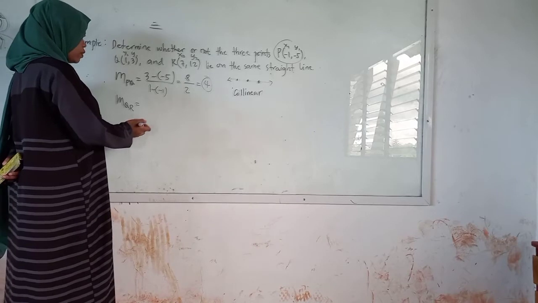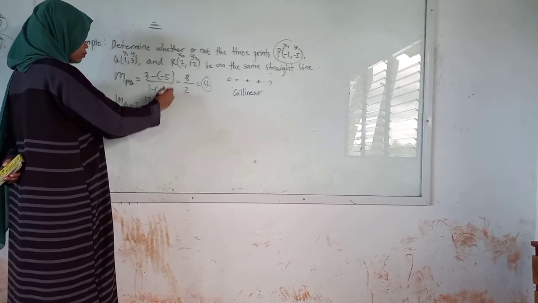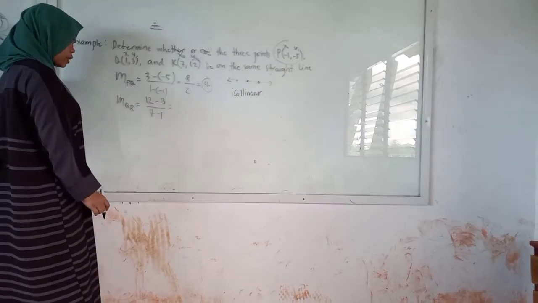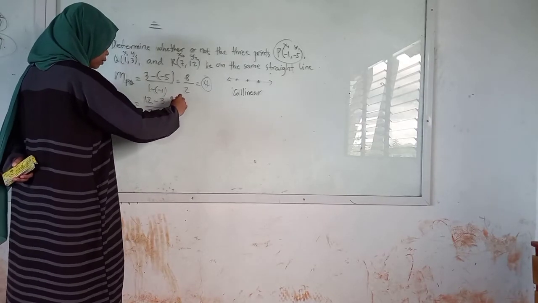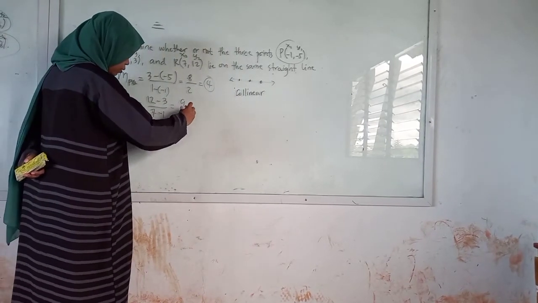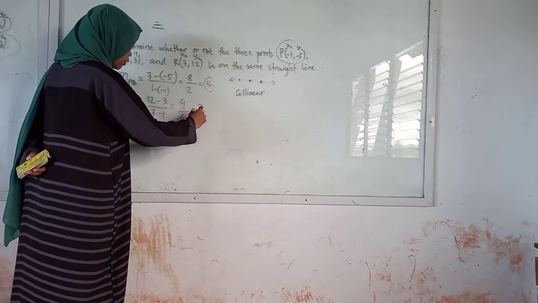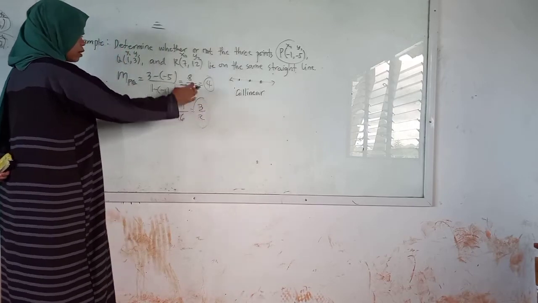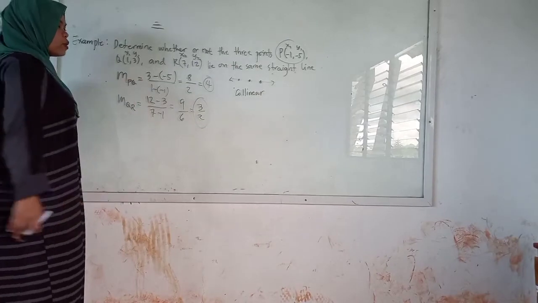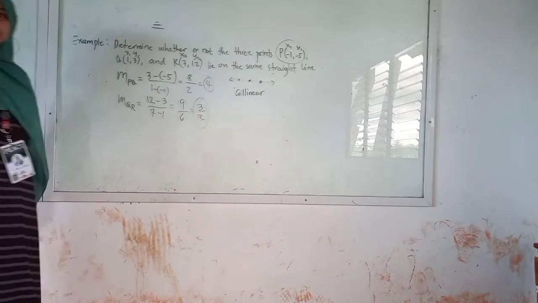By using the formula, I have 12 minus 3, that is 9, over 7 minus 1, that is 6, or simply by reducing to lowest terms, 3 over 2. Obviously, they are not equal. So the given points are not collinear, which means they are not on the same line.